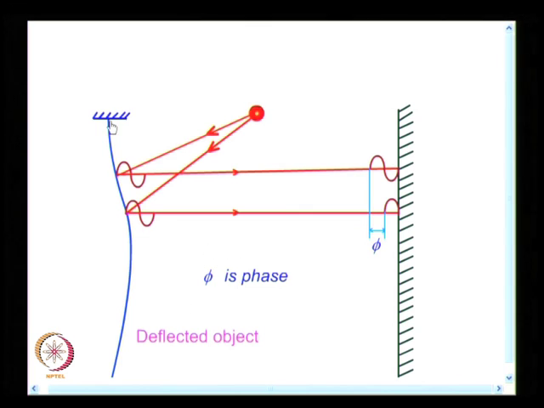I have shown a deformed object and a laser source which hits the object; the depth is different. So, when the light scattered from this reaches the screen, it reaches at different values of phase. So, the phase carries the depth information.